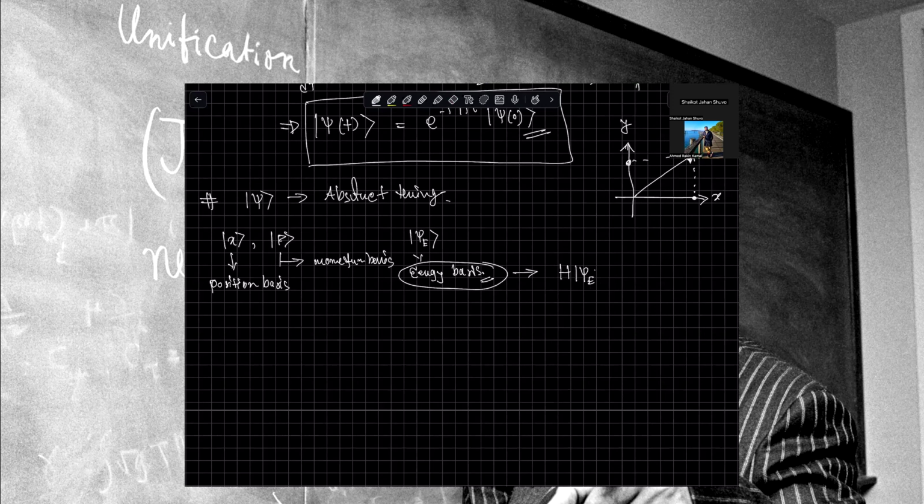So if you have the Hamiltonian and apply it on a ket in the energy basis, that will spit out the energy eigenvalue of that particular state, and it just scales the vector. This is how people define the energy basis.